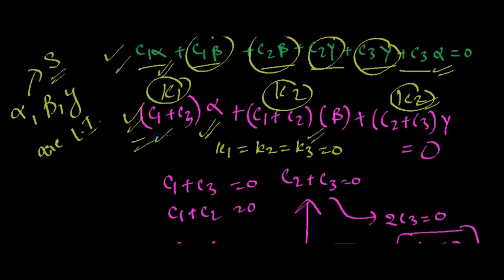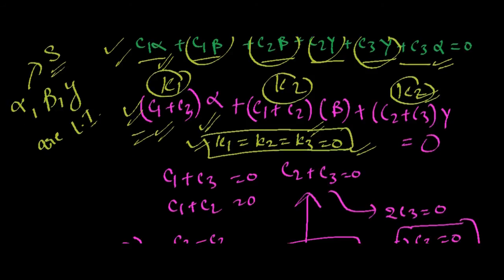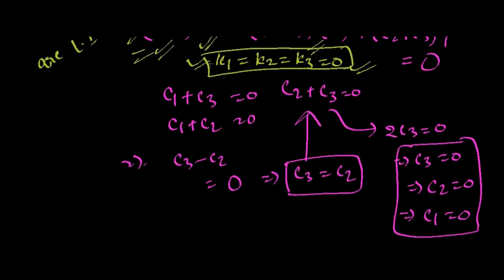This can only be true when these scalars are 0. So what does it mean? It means that k1, that is c1 plus c3 equals 0, k2, that is c1 plus c2 equals 0, and k3, that is c2 plus c3 equals 0.